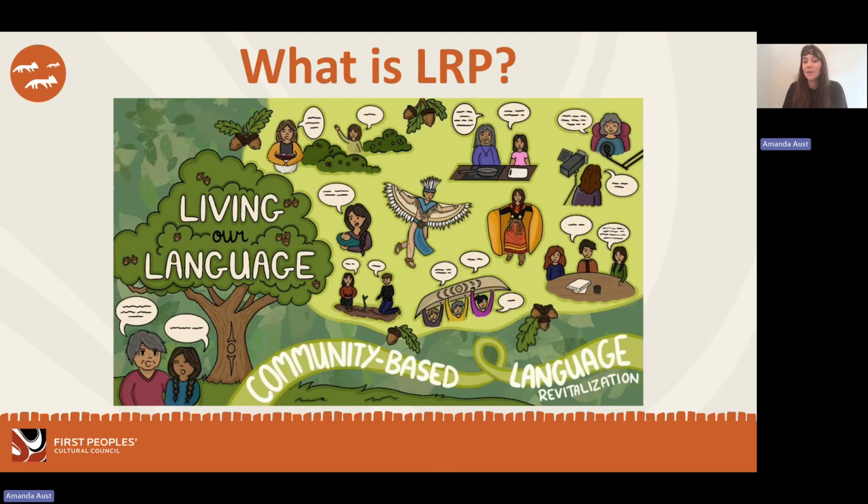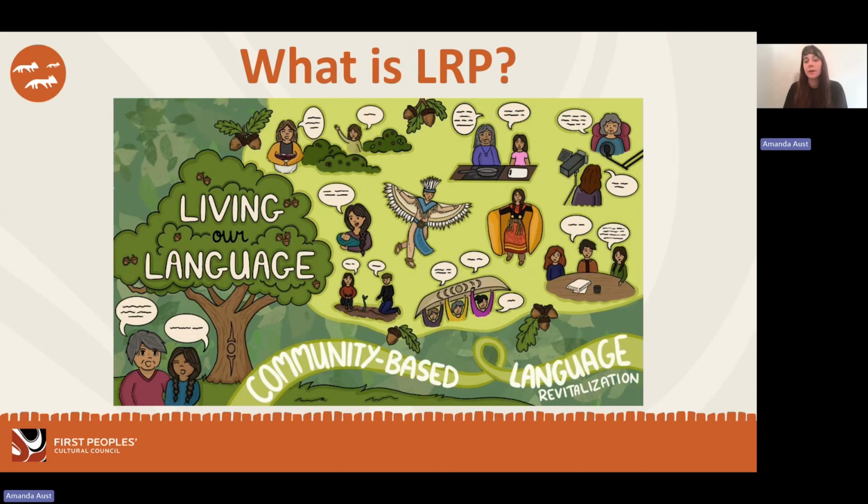Funding is accessed through the Roots and Grow level of funding categories. In addition to funding, FPCC also offers extensive training, resources, peer-to-peer sharing, and coaching support on language revitalization planning. LRP is designed in phases to be adapted by each community to fit their own unique language circumstance and context, as each community may be starting from a different stage of planning.